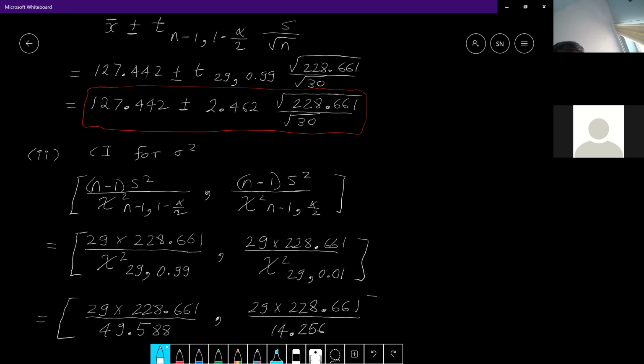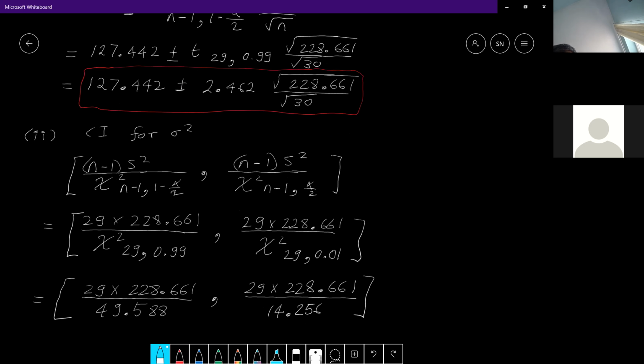Okay, so this is the confidence interval for the population variance.